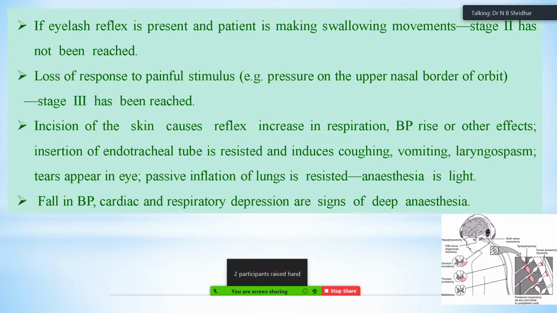Cardiac and respiratory depression are the signs of deep anesthesia. The heart rate and respiratory rate are both decreased to a maximum extent, so that the patient breathes in a very slow and feeble manner, and the heart rate also becomes very slow in stage 3 surgical anesthesia.